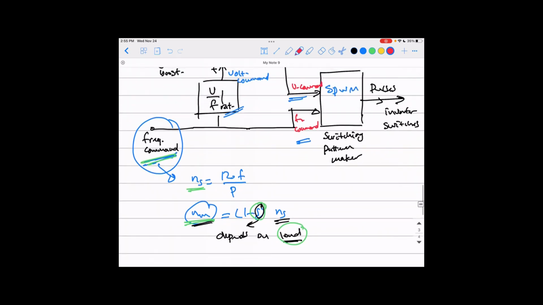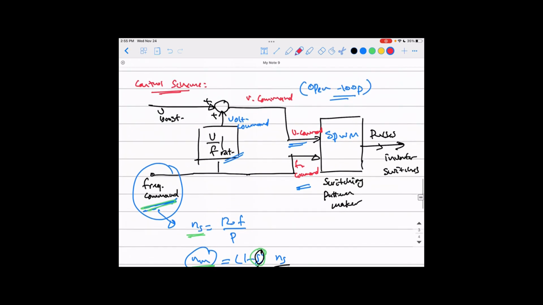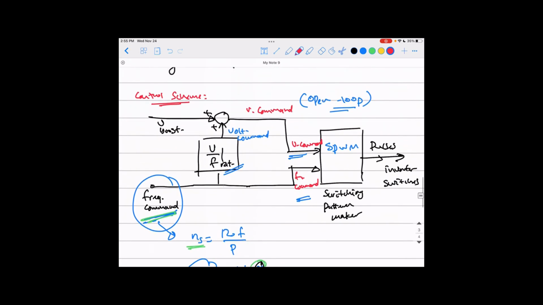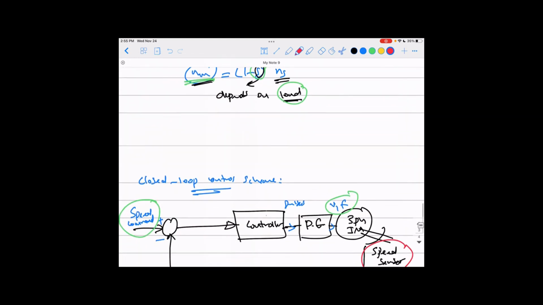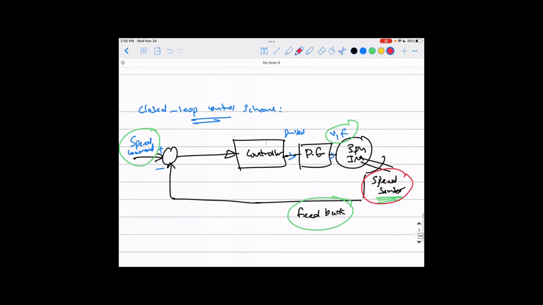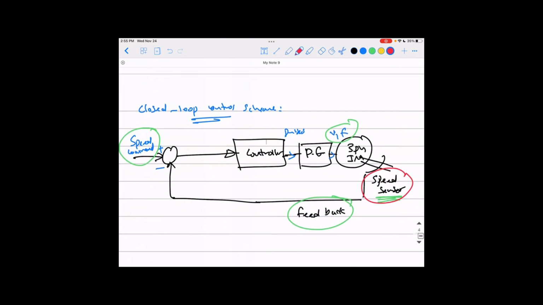If you know that your load does not change much and the load is almost constant, that's fine, you can use the open loop and that will give you decent results. If you know that your load keeps changing all the time and you need your speed to be fixed with all the change in the load, for example an elevator system, like we said before, we need to control the speed of the elevator to follow a pattern.